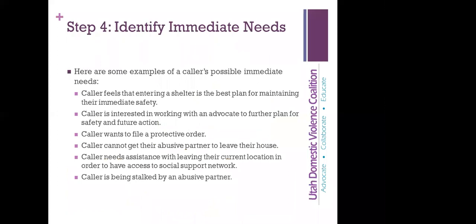Okay, so some of the immediate needs that folks might express on the hotline, and this is not a comprehensive list, just some things that do come up on our hotline anyway. The caller feels that entering a shelter is the best plan for maintaining their immediate safety. Okay, perfect. Asking what county they're in so we can get them access potentially to the closest places.